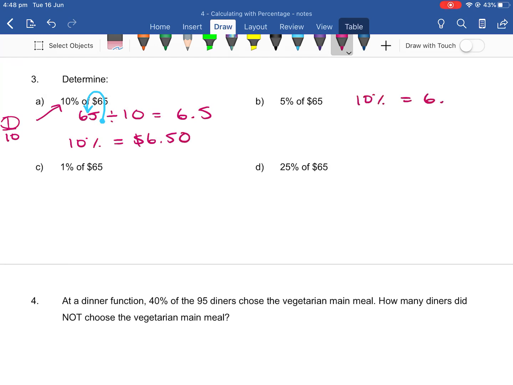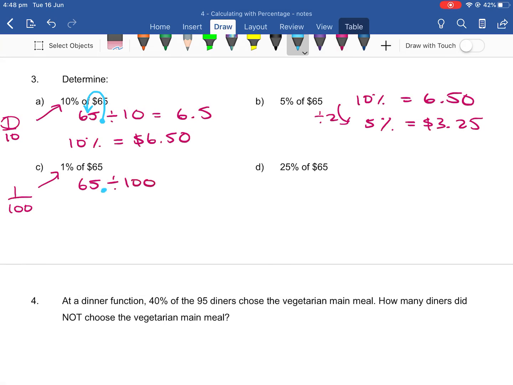Now, if we know 10% is $6.50, it's very easy to find 5% because it's exactly half. So that will be $3.25. Now, 1% of 65 means we want 1/100th of 65, which means we're going to divide 65 by 100.